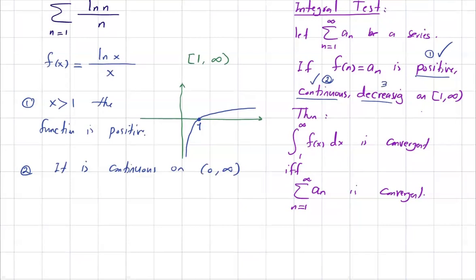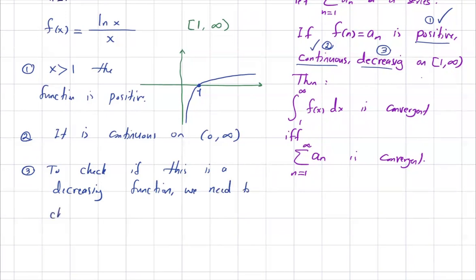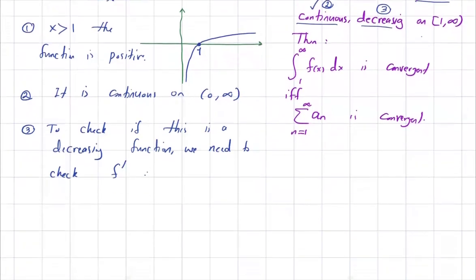What about being decreasing or not? To check whether it's a decreasing function, we need to take the derivative and check f prime. So what is f prime of x? We're going to apply the quotient rule.